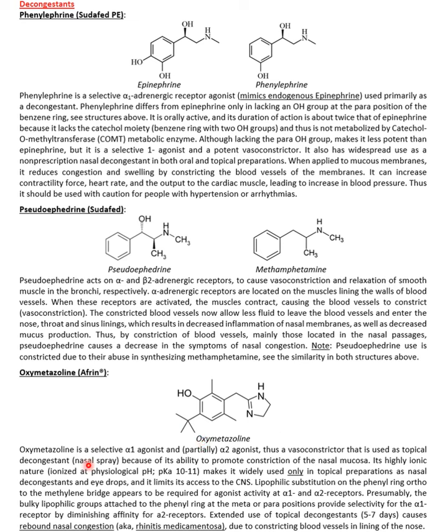I should also say that phenylephrine is also available orally and as a nasal spray, but oxymetazoline is more commonly used in the nasal spray because of its ability to promote the constriction of the nasal mucosa. So it's used locally as a nasal spray, and it binds to alpha-1 and alpha-2 receptors, although partially, and causes vasoconstriction.